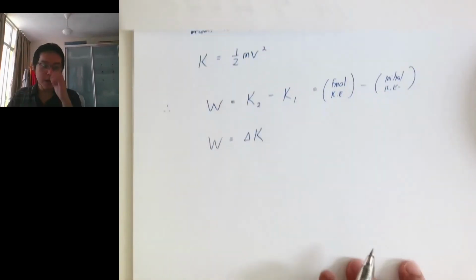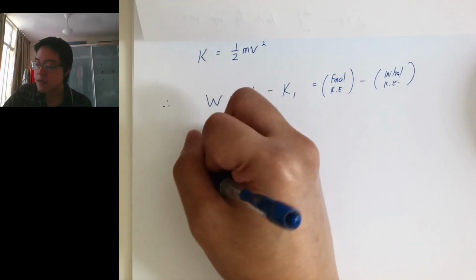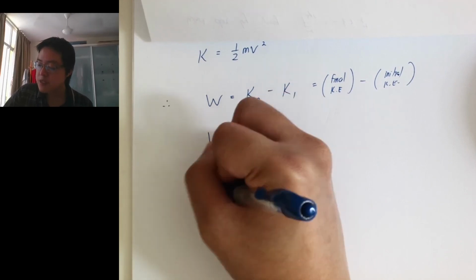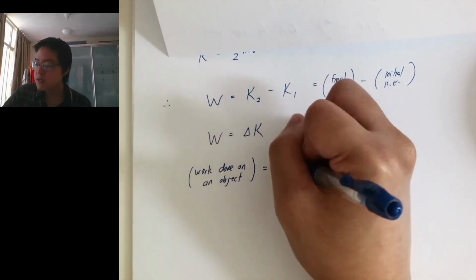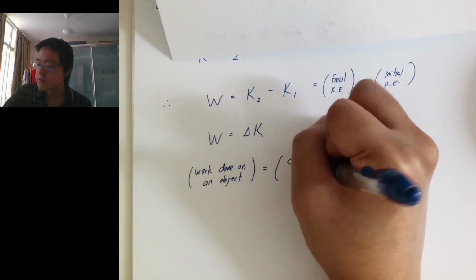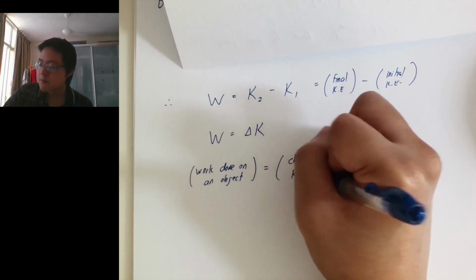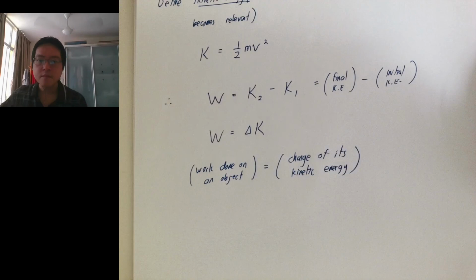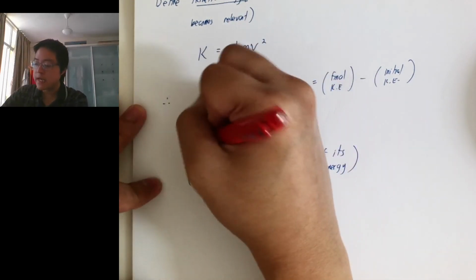This is our work energy theorem. The conclusion we get is that the work done on an object is equal to the change of its kinetic energy. Okay, so this is my work energy theorem.